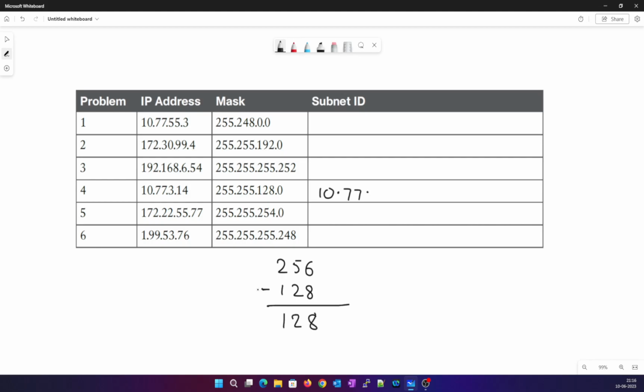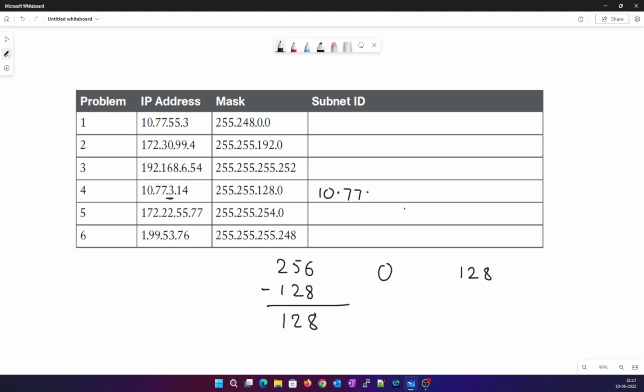So what we need to do is go on the multiples of 128. So that gives us 0 and 128, right? Now this number in the third octet is between 0 and 128. So the lowest of these is 0.